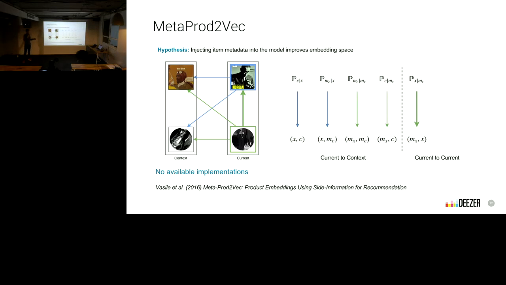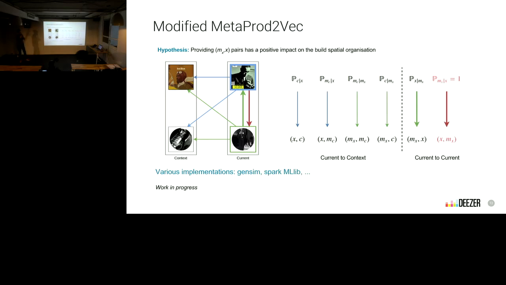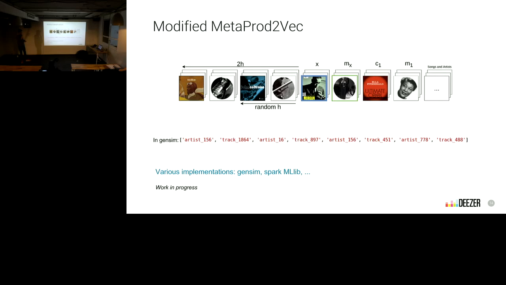So for this algorithm, we don't have a classical and very efficient implementation such as GenSim or SparkMLlib. That's why we propose to use all the possible combinations of training pairs that involve the metadata. And with a simple trick, you can use the classical implementations such as GenSim and SparkMLlib.